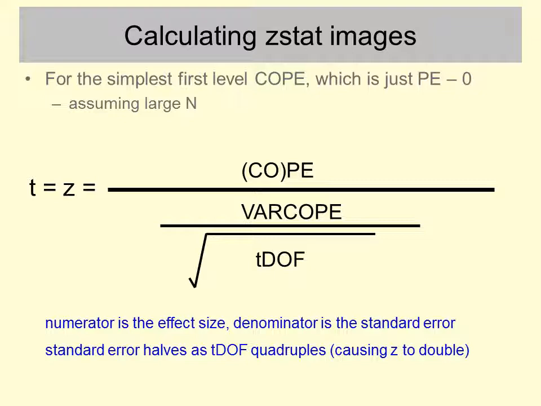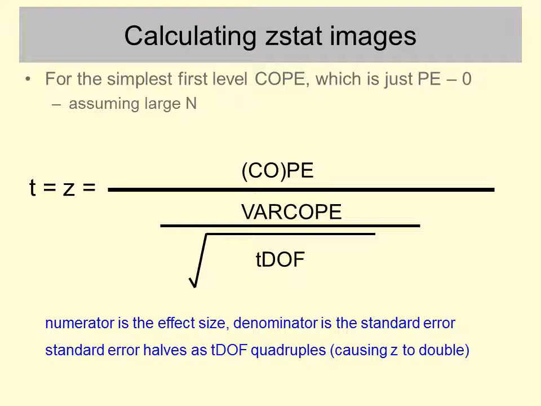The nature of this formula is that in order to halve the value of the denominator, which would double the value of z, you would need to quadruple the sample size, or TDOF, the sample size being time points.